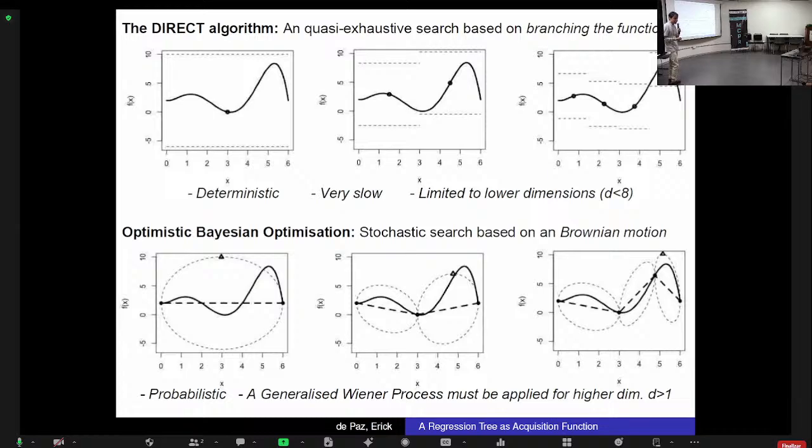So in most cases, the actual function is contained inside this region. This region is also called the acquisition function because it's useful to identify the most promising point to evaluate. The maximal point inside the region is a promising point to evaluate. This new evaluation allows us to define more specific regions, and as before, we repeat this process.